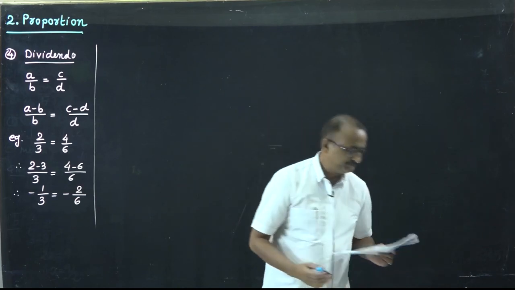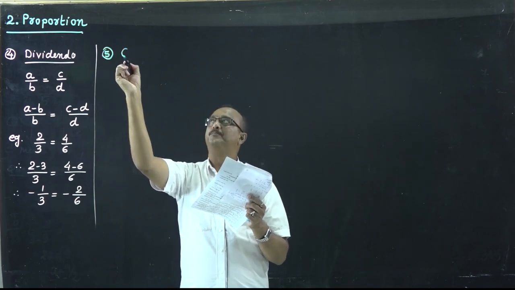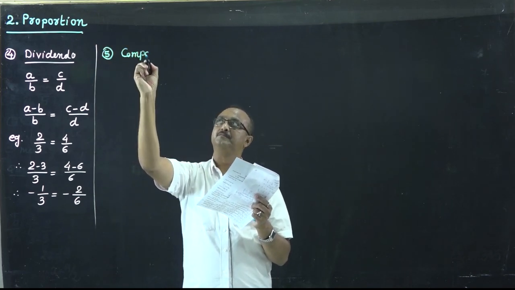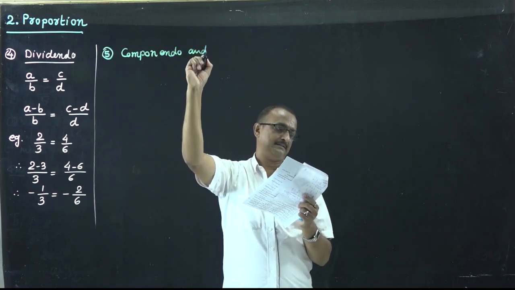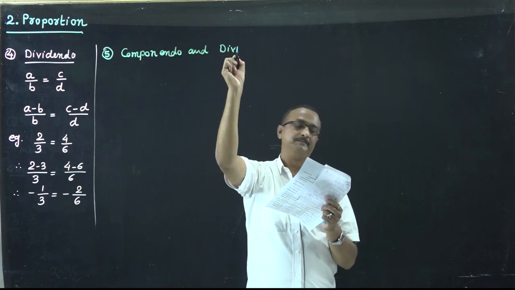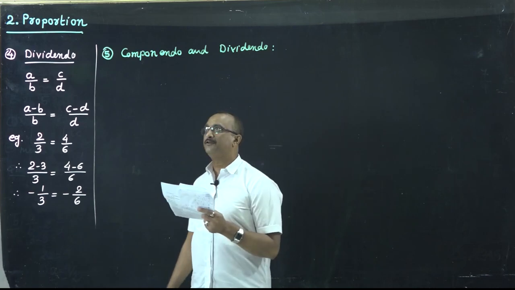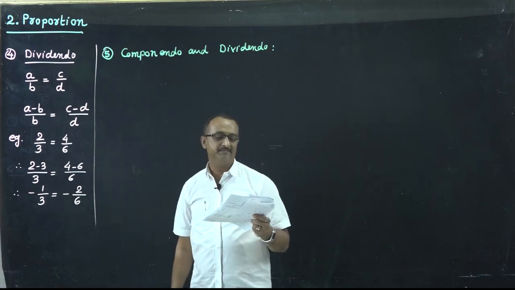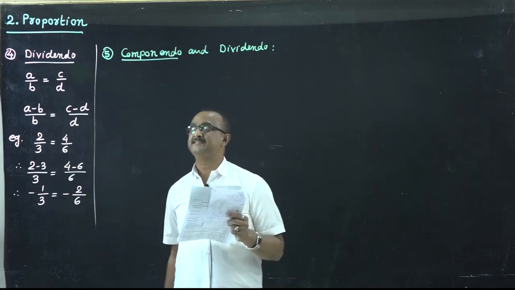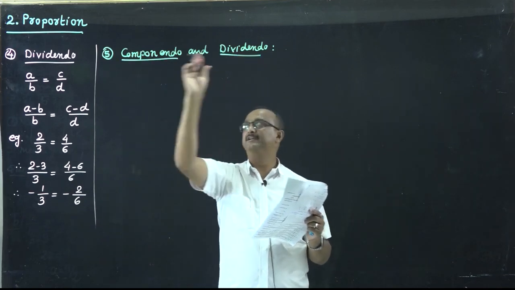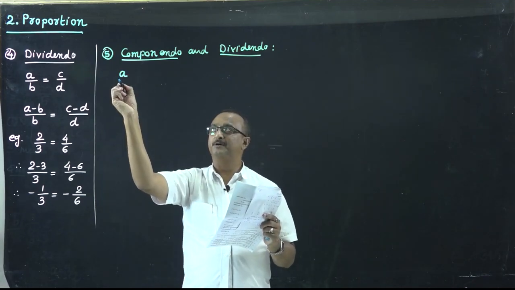Number 5, property number 5, componendo and dividendo. Componendo and dividendo means a combo of property number 3 and 4. Componendo we learned in property number 3, and dividendo we learned in property number 4. Now we have to combine both the properties.